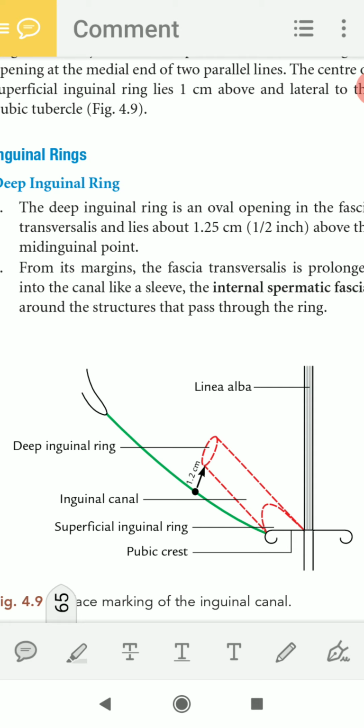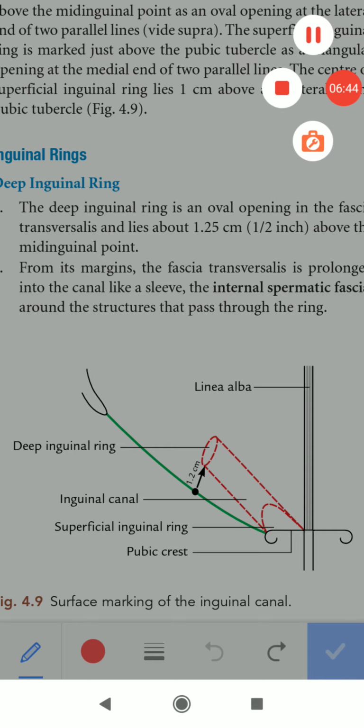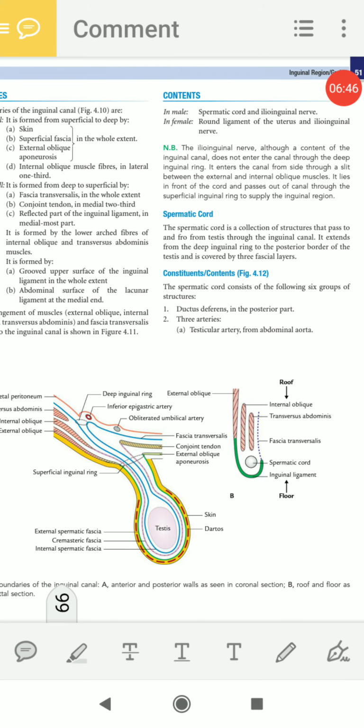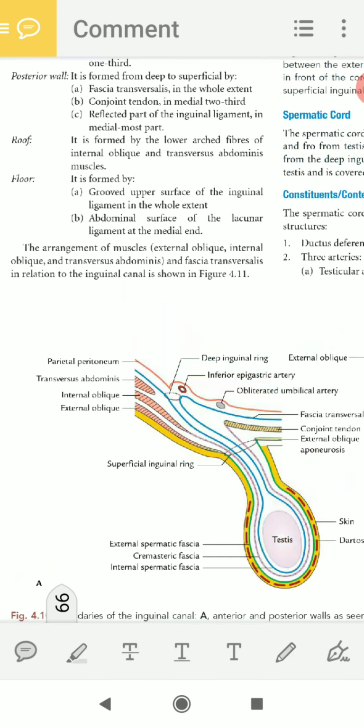And what is the direction of the inguinal canal? We already told you that it is downward, forward, and medially. Now we will learn about the boundaries of the inguinal canal.